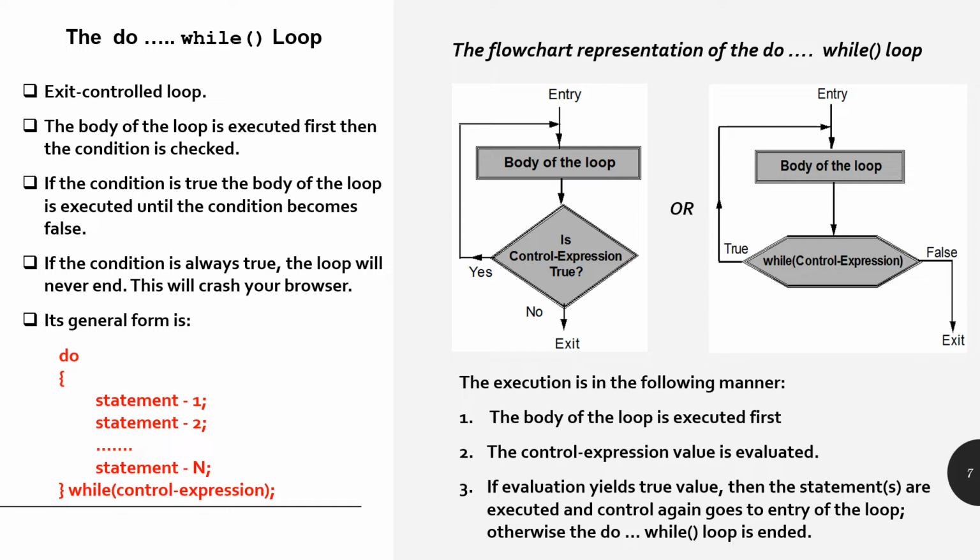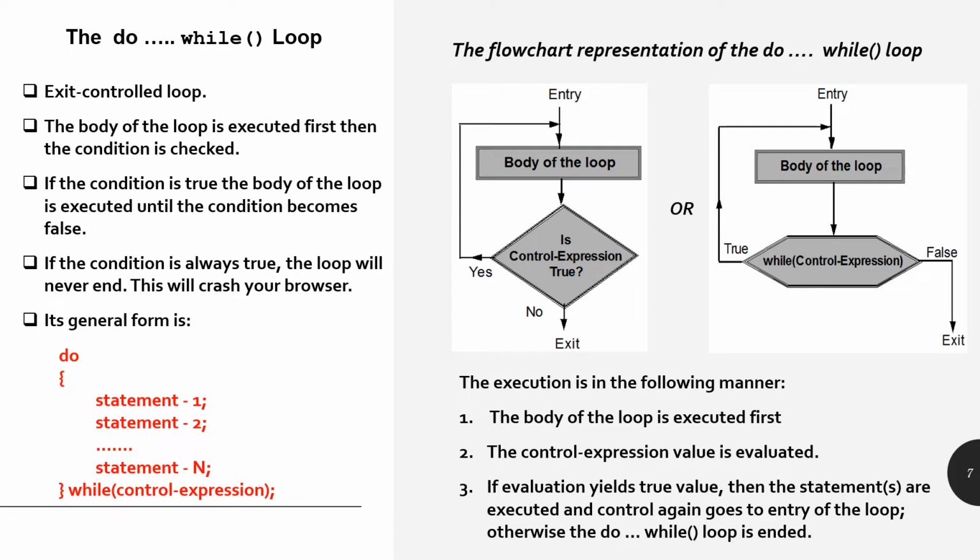Initially, it will enter into the loop, then check the control expression, and if this expression is true, again it will enter into the body of the loop, and keep on executing like that. When the expression is false, the condition is false, it will come out of the loop.